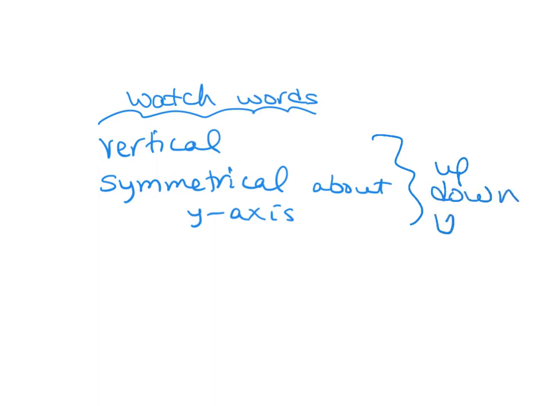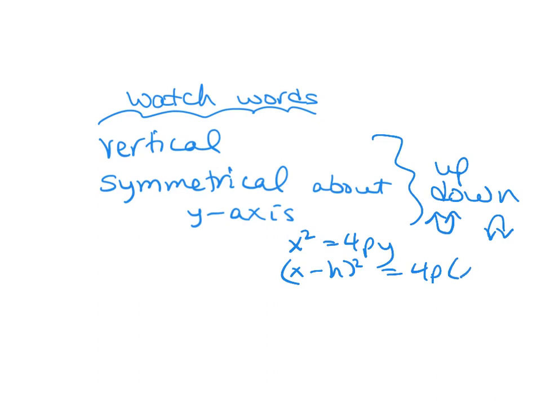So it's going to be either the U or the upside down U. So that would be x squared equals 4py, or x minus h squared equals 4p, y minus k.